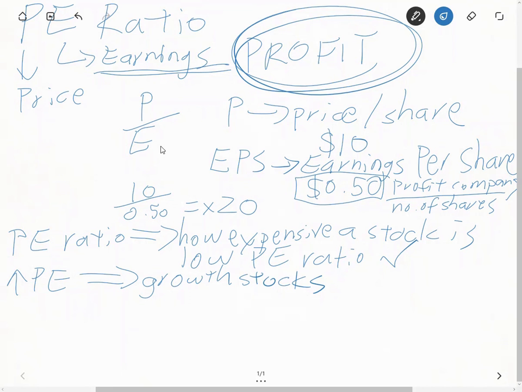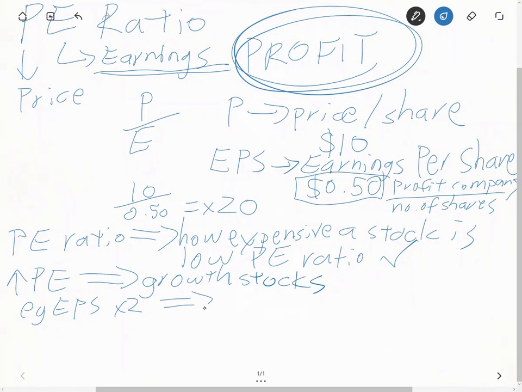Because if you think about it, the price is the price of the company now, right? So using the example above, if a company is trading at $10 and the EPS is 50 cents, like we said, well, hang on, let's imagine that the EPS is going to, for argument's sake, double in the next year.